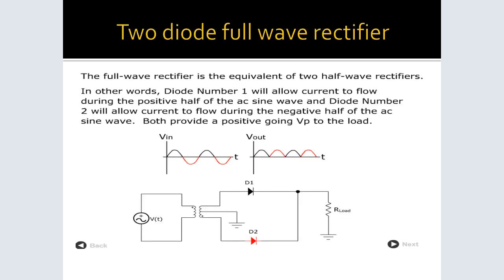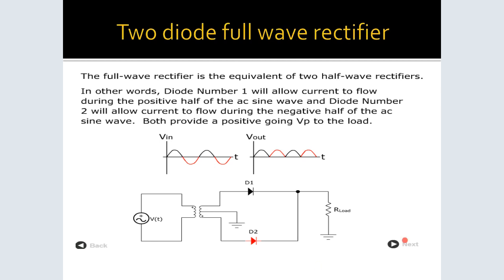You can look at the operation. You can see the two diodes. Diode 1 will allow current through in the positive half cycle, and diode 2 will allow it in the negative half cycle of the AC.